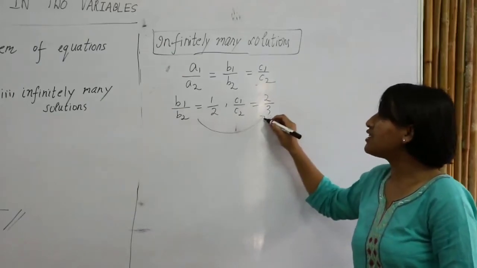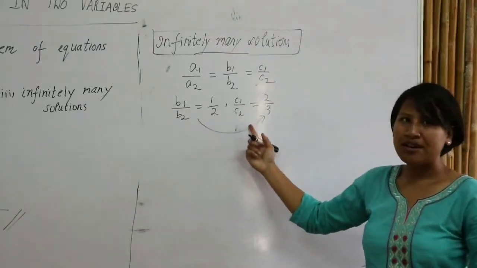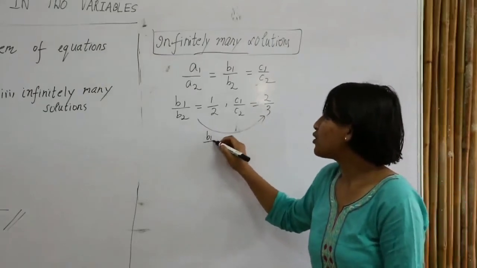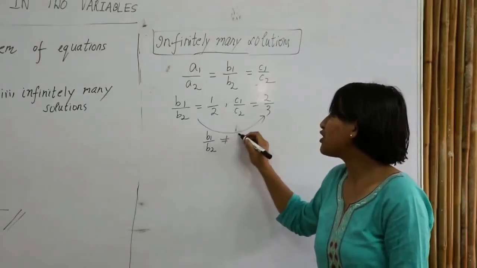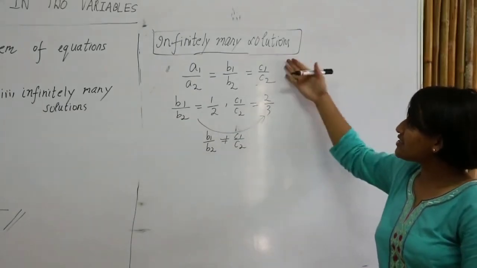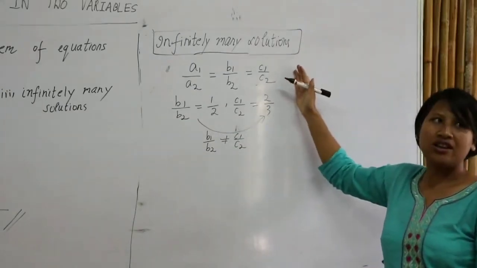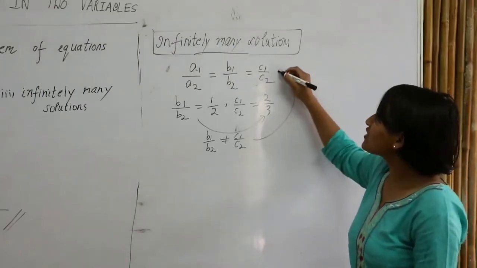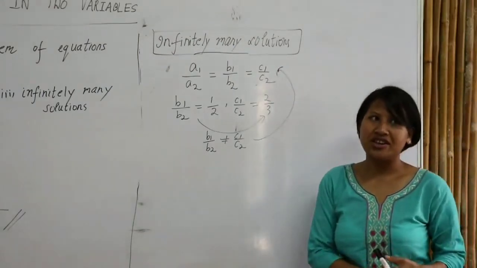Now what can you see? b1 by b2 and c1 by c2 are not equal, so you write b1 by b2 not equal to c1 by c2. But here it says that all of them should be equal. So that's why it contradicts this condition.